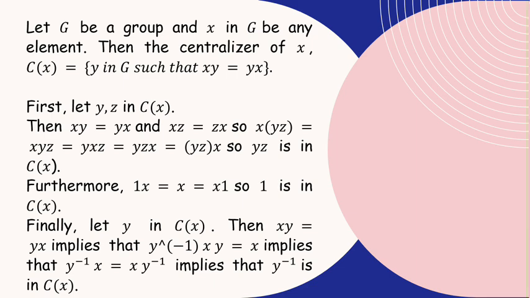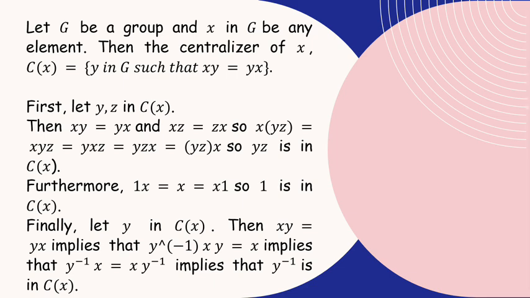If y and z are in C of x, then xy equals yx and xz equals zx, so x times yz equals xyz equals yxz equals yzx equals yz times x, so yz is in C of x.